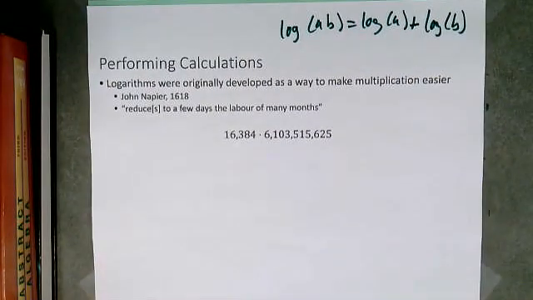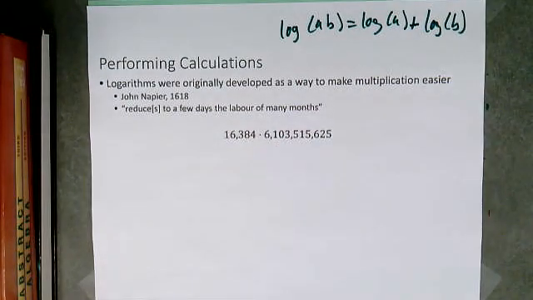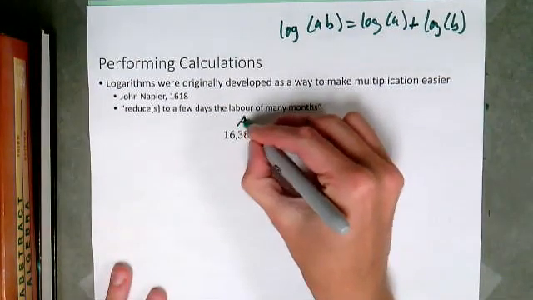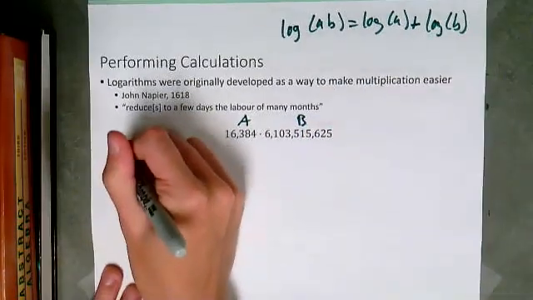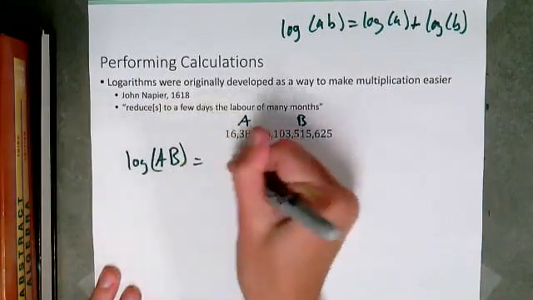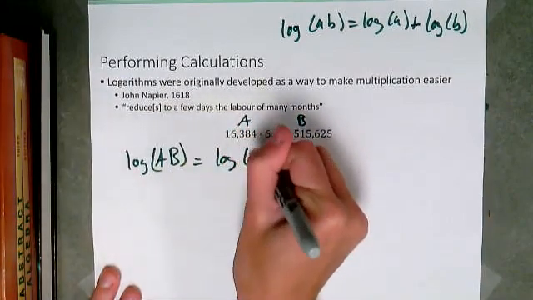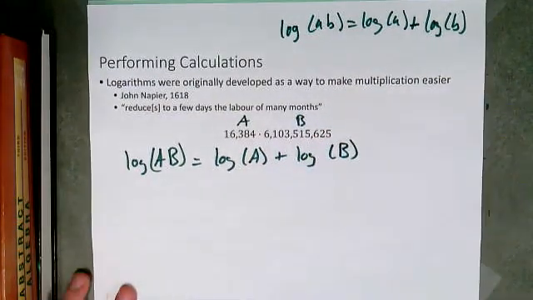So if we wanted to try and multiply these two big, ridiculous numbers, that would take some time. But if we consider this to be A and this to be B, then log of AB is going to be log of A plus log of B, yeah?